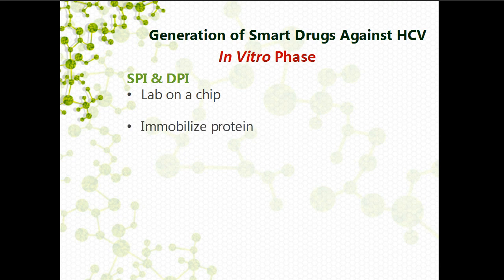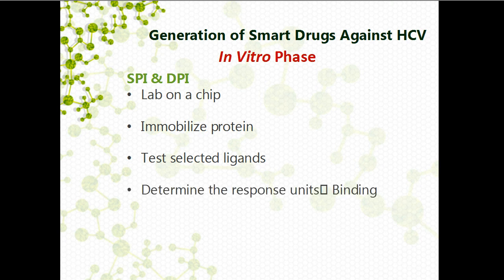We immobilize the target protein on the chip, and then we pass the selected ligands one by one in order to observe their binding behavior and determine their binding affinity and the change in response units. So, passing the ligands one by one in order to determine the response units. And also accordingly, we categorize the ligands further.